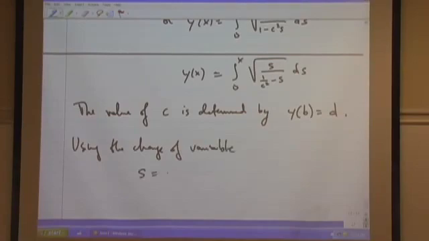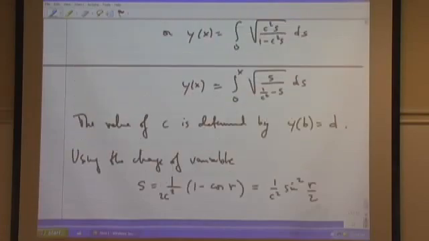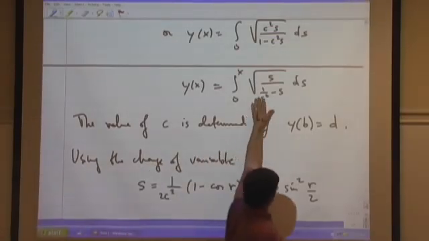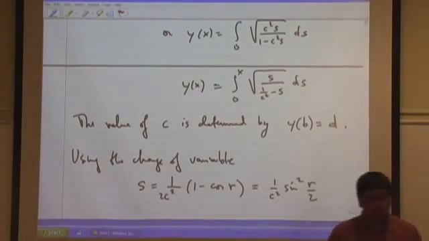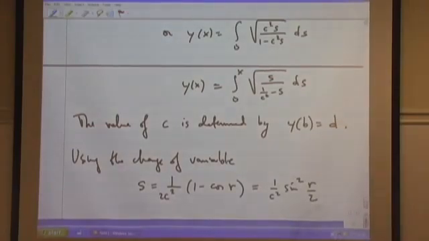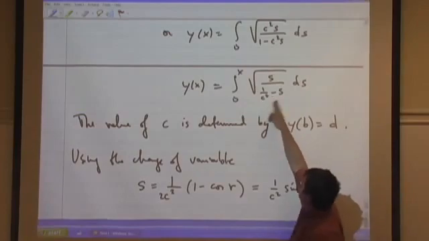S equals 1 over c squared times 1 minus cosine of t, so that's 1 over c squared sine square of t over 2. So there would be a trigonometric substitution, which would give you in the denominator cosine squared, right? 1 minus sine squared, cosine squared.